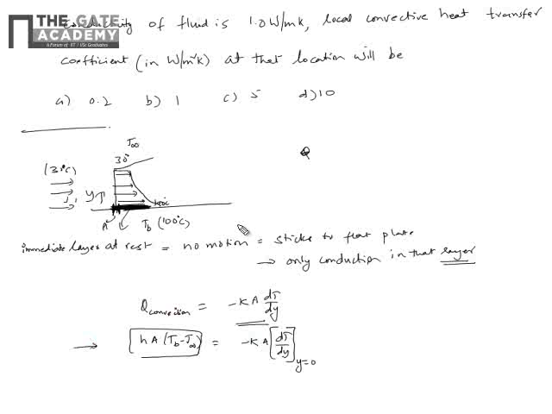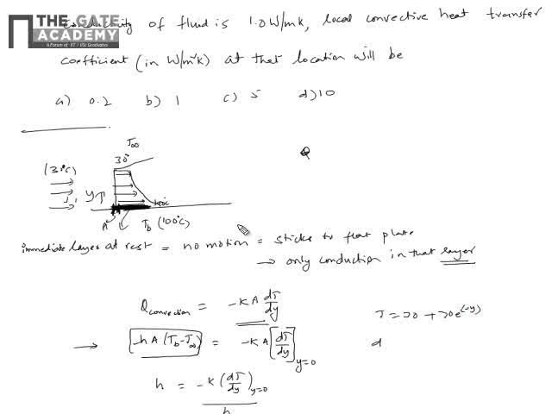A is whatever area you take, because it's local and you want the local heat transfer coefficient. I'll take only a small area, let's say dx into the width. So A anyhow gets cancelled throughout, so h equals minus k dT by dy at y equal to 0, divided by delta T. So let's write down dT by dy. Now T is given as 30 plus 70 e power minus y.